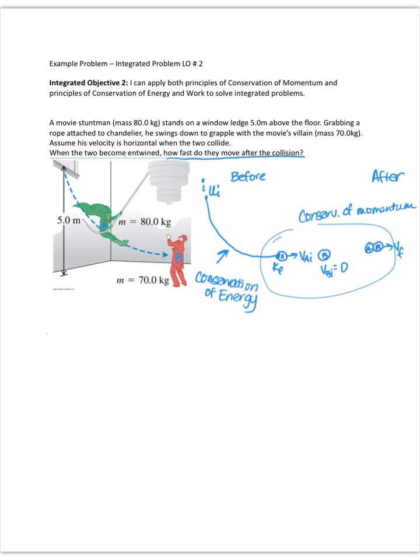Applying the conservation of energy is going to allow us to figure out how fast the stuntman is moving when he hits the villain. So for that case, this is going to be my initial point up here, and down here will be my final point for the energy conservation. So I'm saying initial energy equals final energy. There's no talk of any non-conservative forces.